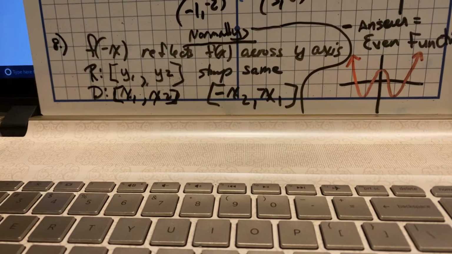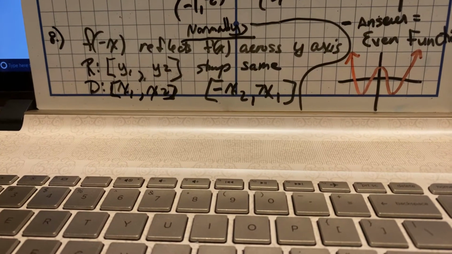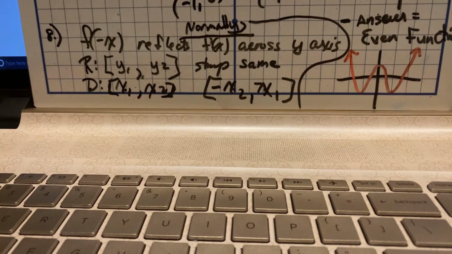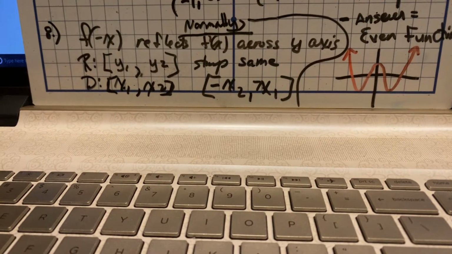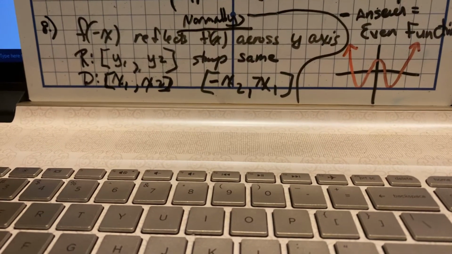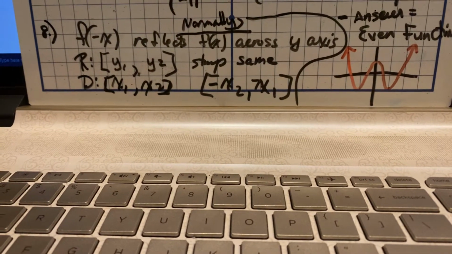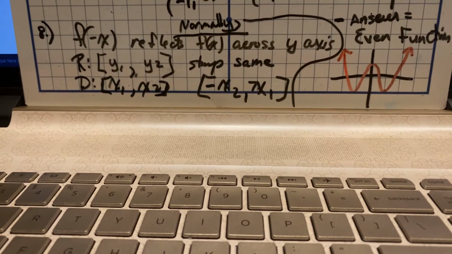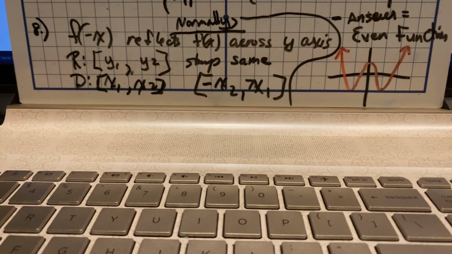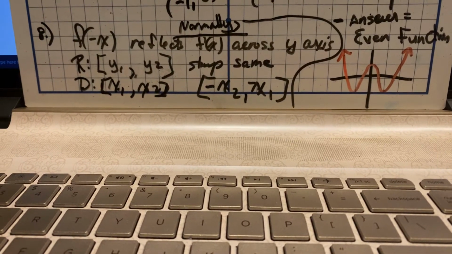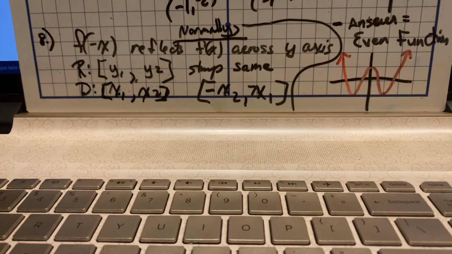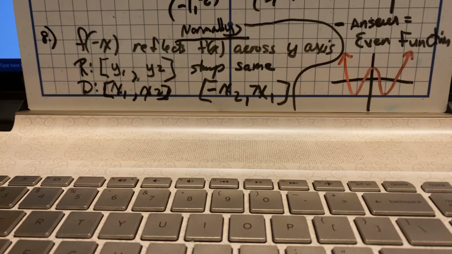Now, this is a normal regular old graph. This is what would happen, and this is what happened in our scenario that we were given. But that's not what question number 8 says. Number 8 asks, what would we know about the graph if we do a reflection over the y-axis and it still looks exactly the same?